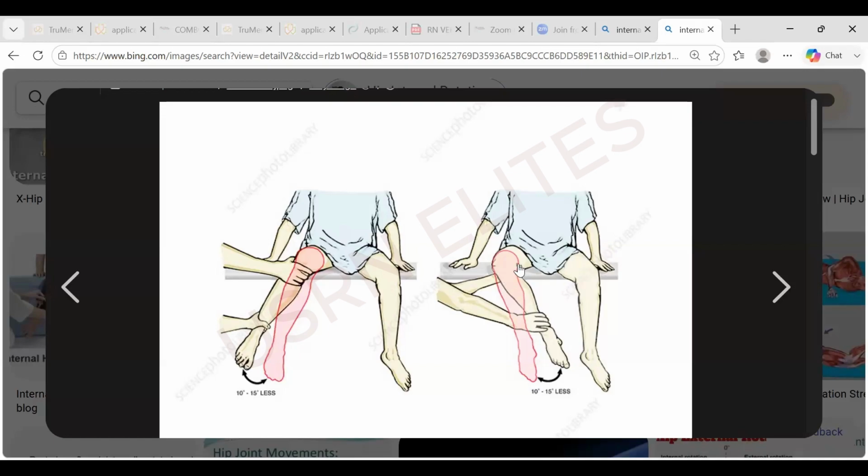So if there's internal rotation, you can see that the joint, the femur, will push outward towards the hand. Can you see what I'm pointing to? Yes, please.